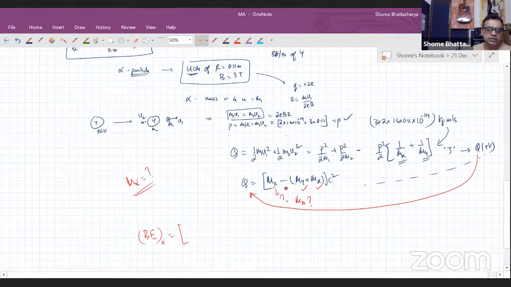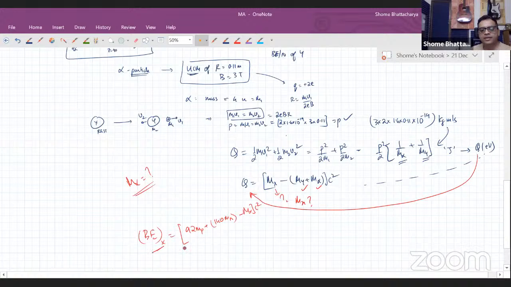Okay, then we substitute. So now this binding energy of X will be equal to 92 times mass of proton plus, how much is it? 232 minus 92. So how much will it be? 160. No, sorry, 140. Yeah, 140 mass of neutron minus Mx into c square.